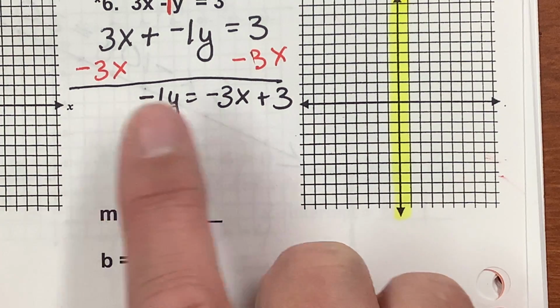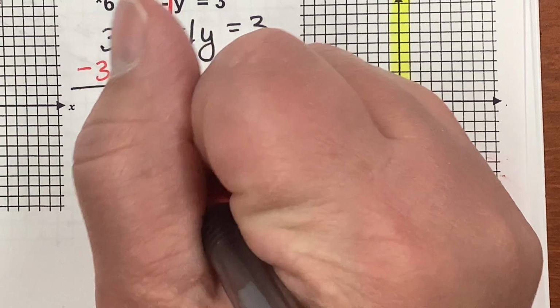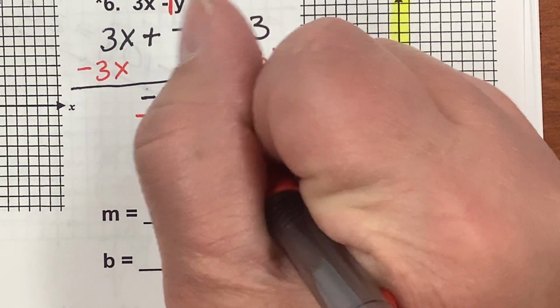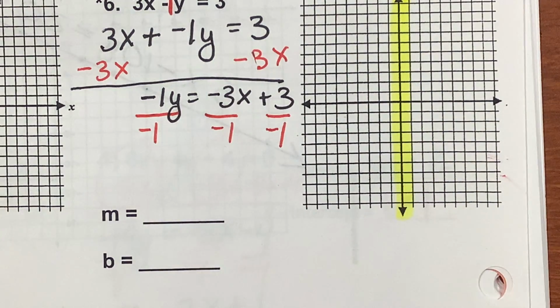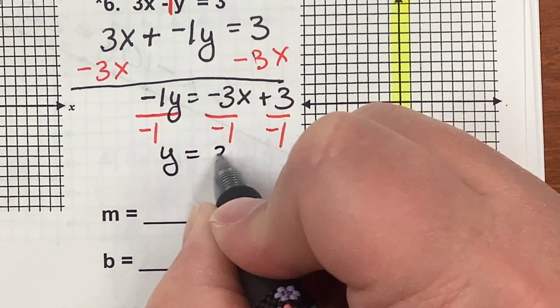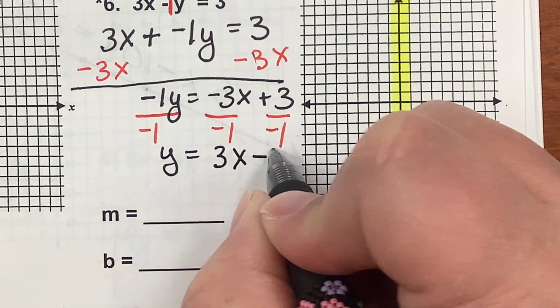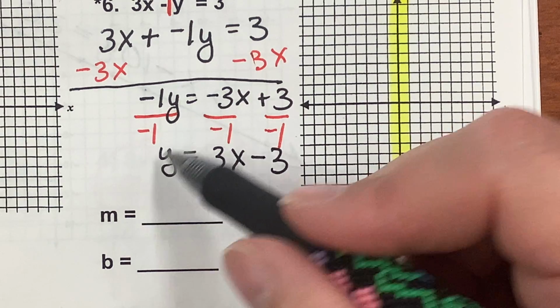All right, now I have this negative 1. That means divide everything by negative 1 so that the y can be alone. Negative 1, negative 1, negative 1. And you get y equals 3x minus 3. Because negative divided by negative, positive y.